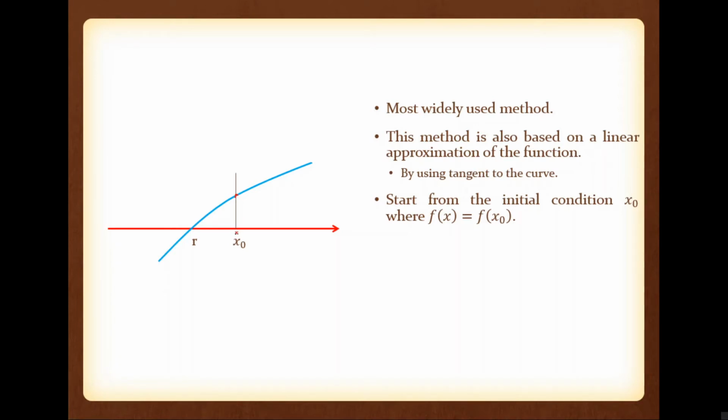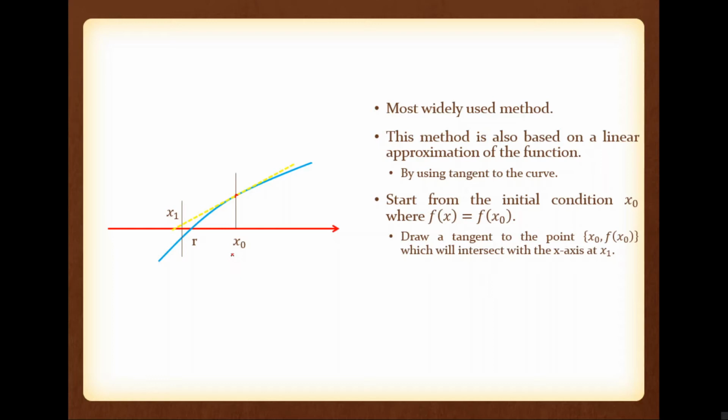Now what are we going to do? We are going to draw a tangent through the point x0, f of x0. This yellow color is the tangent of this curve at point x0 comma f of x0.